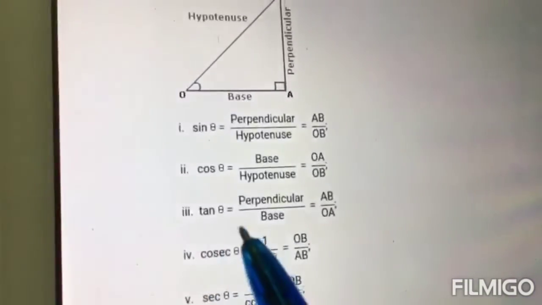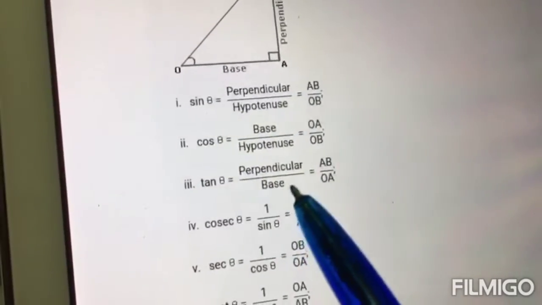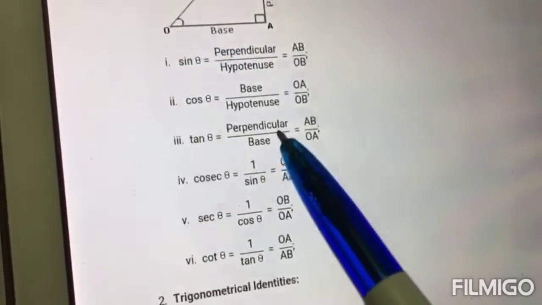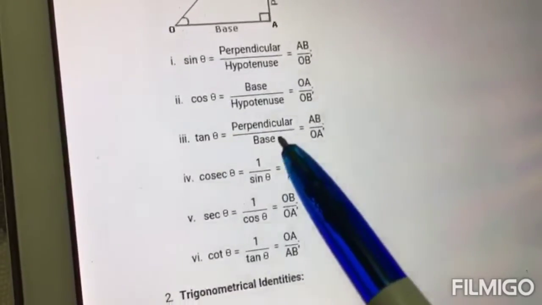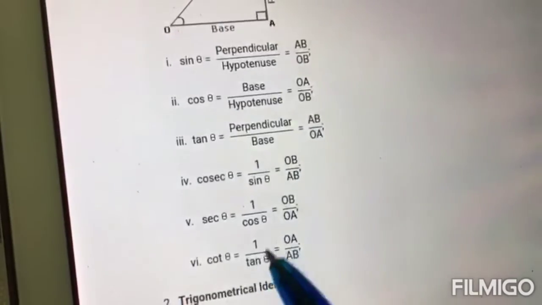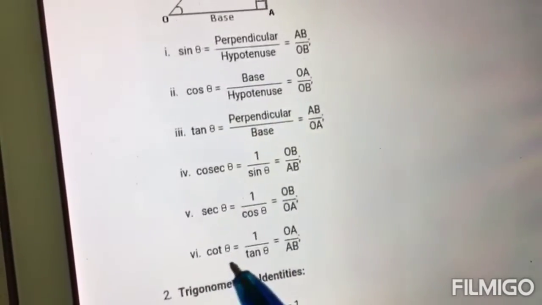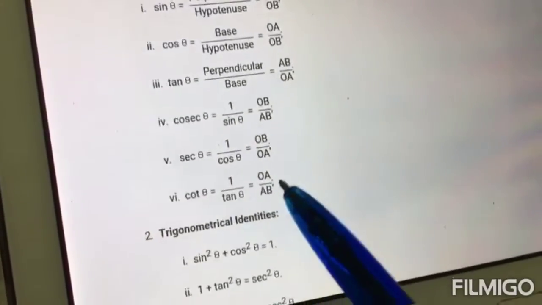So where can I find this formula? See, tan theta is equal to perpendicular divided by base. But we have the inverse of this, that is base divided by perpendicular is √3. What is the inverse of tan theta? It is cot theta. It is 1 by tan theta, which is equal to the base divided by perpendicular. That means cot theta is equal to √3.